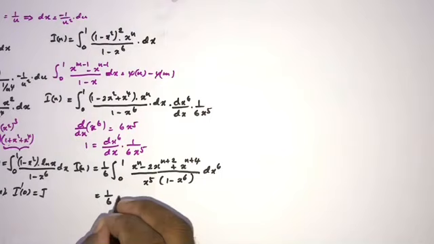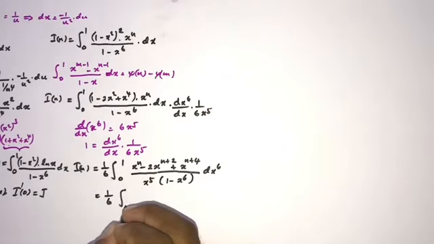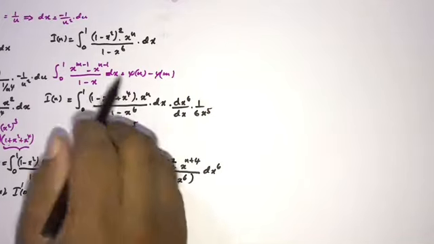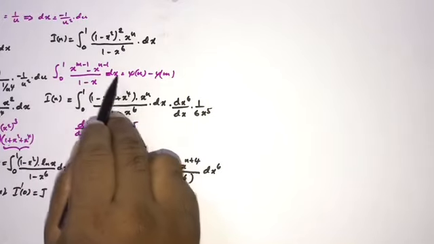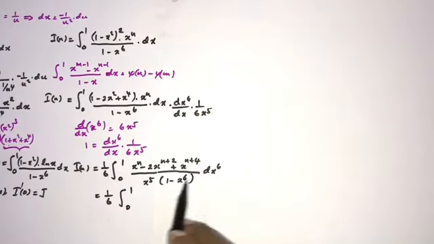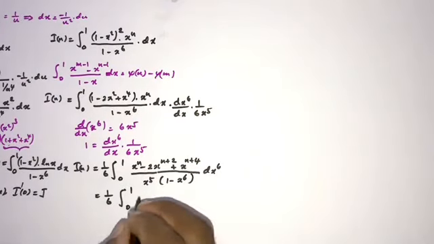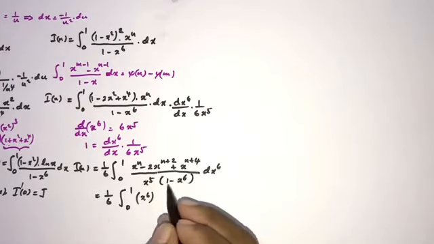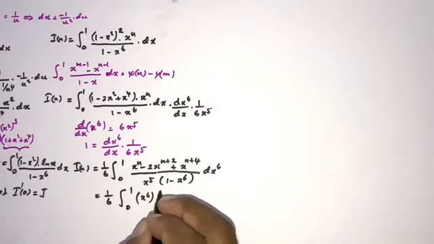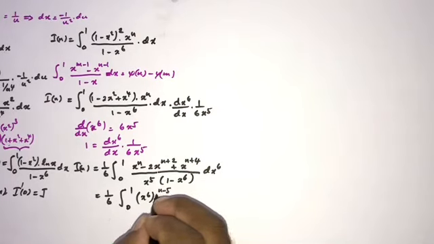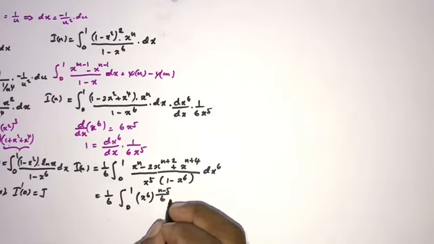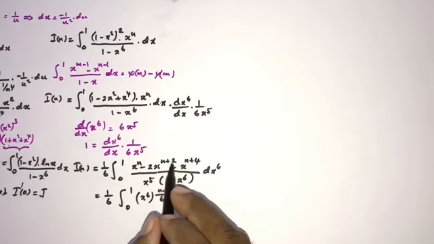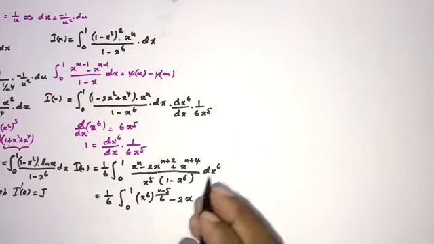So we can write here 1 over 6 integral from 0 to 1. Now because here we have x to the 6 power, I am going to take x to the 6 power raised to the, now n minus 5 over 6, then minus 2 times x to the n plus 2 minus 5, we know n minus 3.